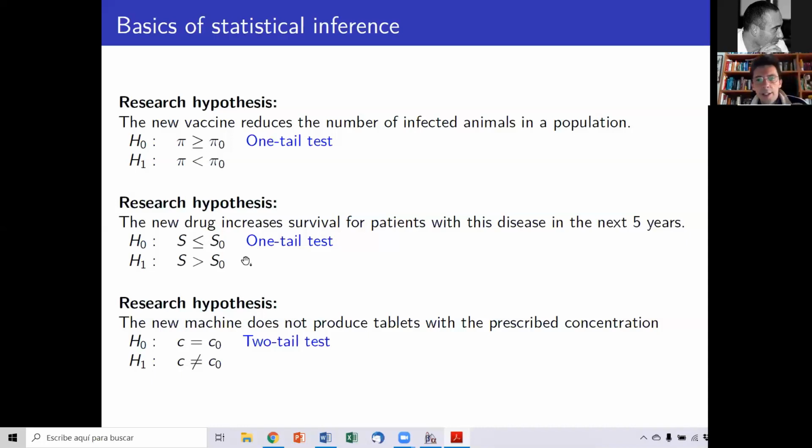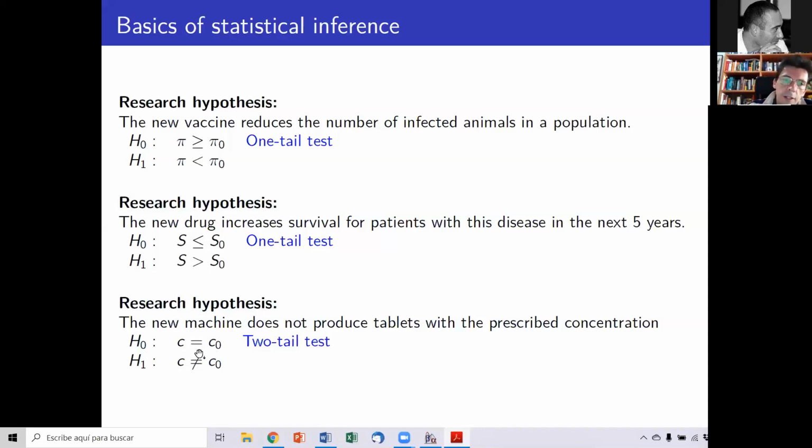Or for instance, let's say that you are producing tablets and you have to put a given concentration of the drug on the tablets, and you want to stop and recalibrate the machine if it is malfunctioning.